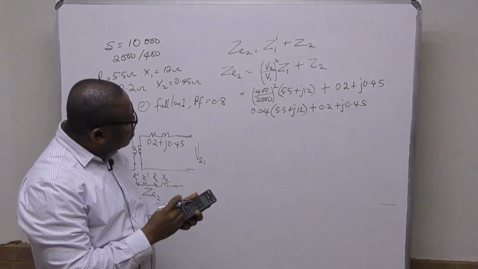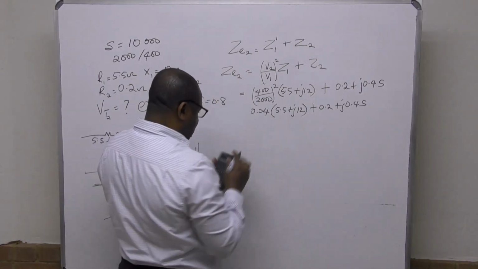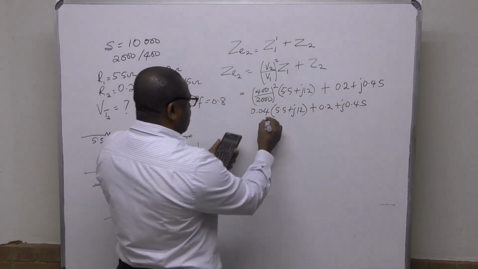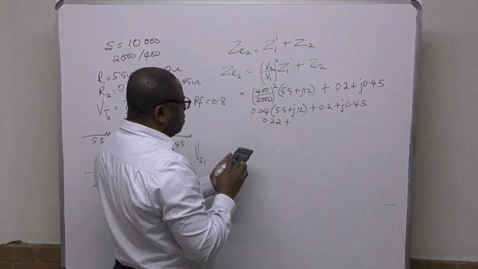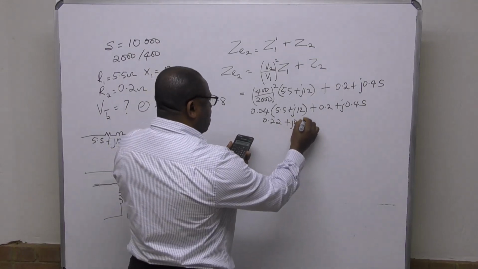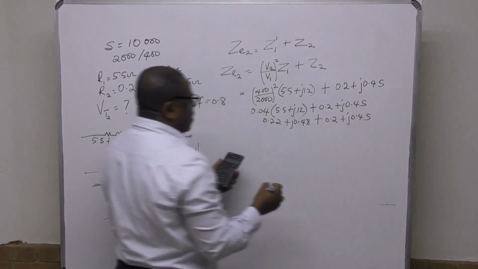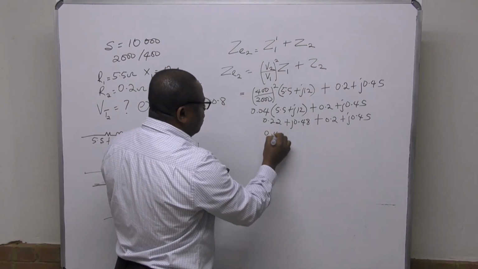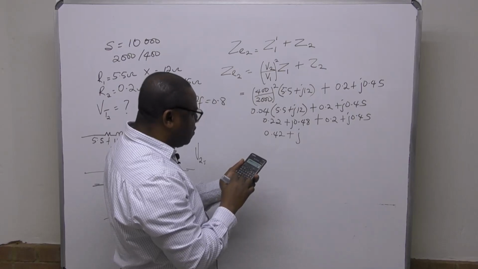Now you can multiply it, and just collect the like terms. This is 0.22, plus 0.2, that is 0.42 plus j0.48.